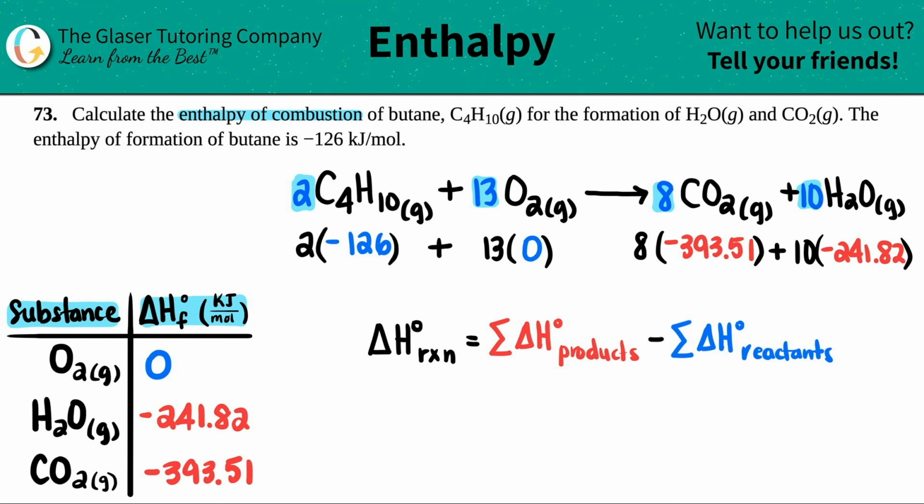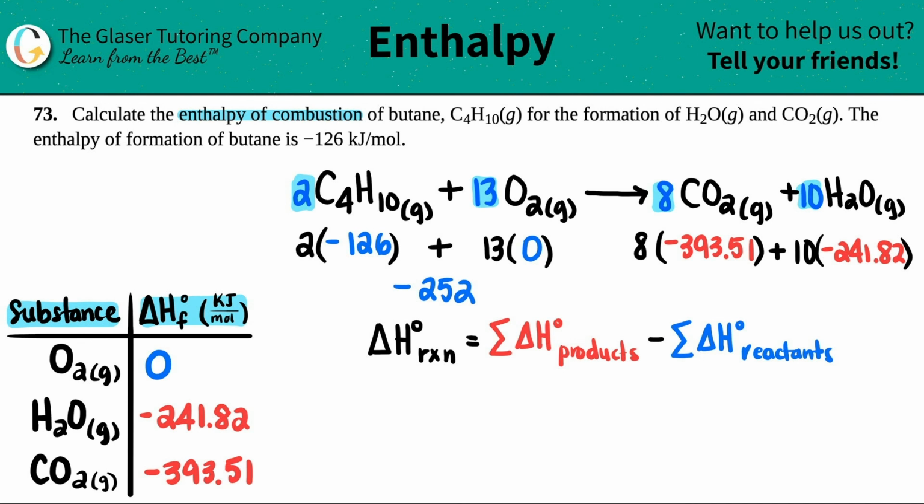All right, so for the reactant side, it's just going to be 2 times 126. So 2 times 126. So I get a negative 252. And then for the product side, this one's going to be a big number, a big negative.